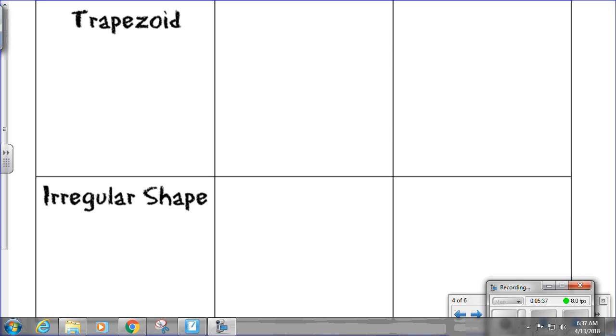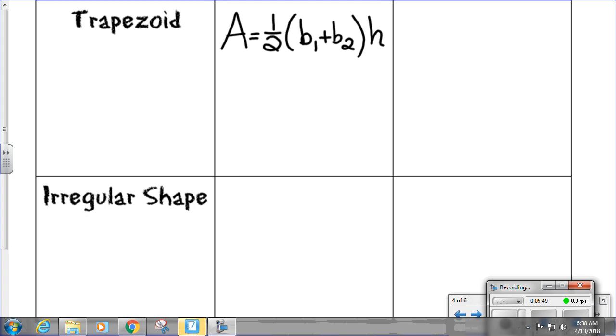Next we have a trapezoid. A trapezoid has a really complicated formula. Area equals 1/2 base 1 plus base 2 times h. So again, the lowercase b's stand for bases, and the lowercase h stands for height.